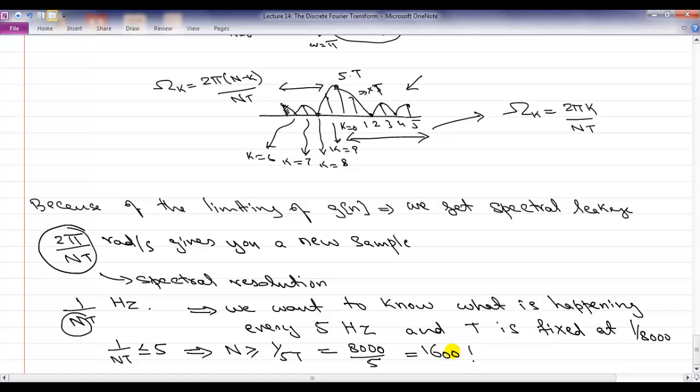Okay, so if you want to do spectral analysis where you are sampling every 5 hertz at least, then when you get to the DFT stage of your spectral analysis, you better make sure that your DFT is computed at least for N equal to 1,600. And of course, the other thing you have to keep in mind is if you are computing DFT for N equal to 1,600, then your sequence must have length smaller than 1,600.